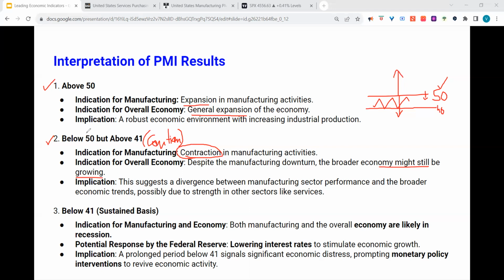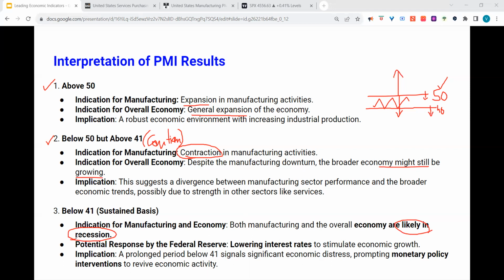This is the second scenario, where the PMI is between 40 and 50. Now think of the third scenario, when the PMI drops below 40 levels and sustains there. Of course, below 50 itself manufacturing starts contracting, but below 40 the manufacturing and the overall economy have slipped into likely recessionary tendencies, because it is a deep contraction scenario.